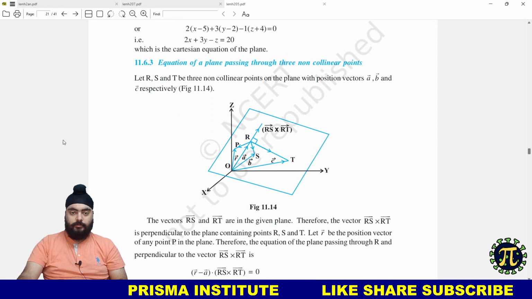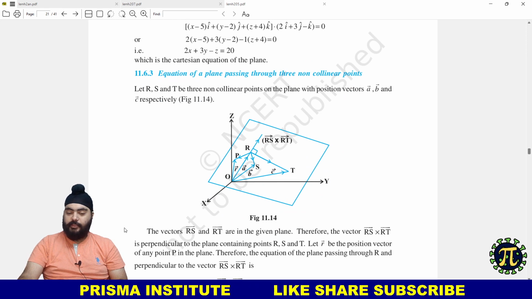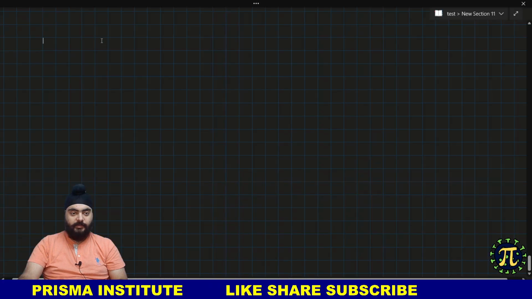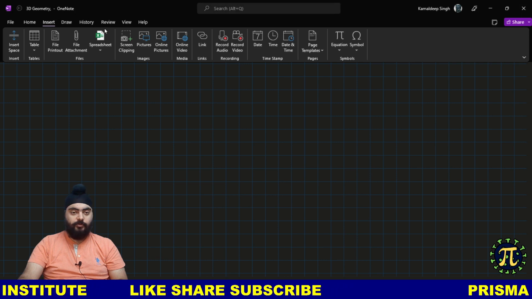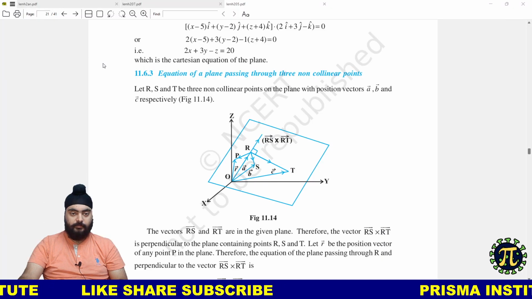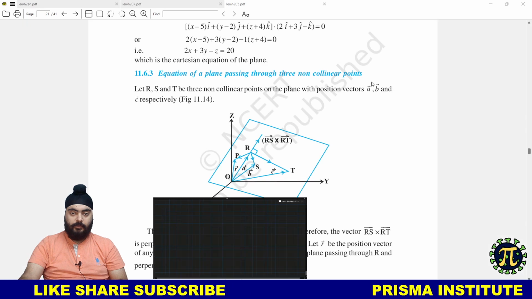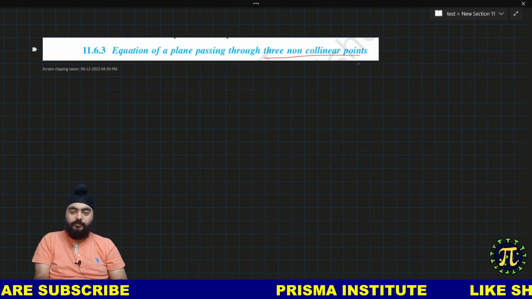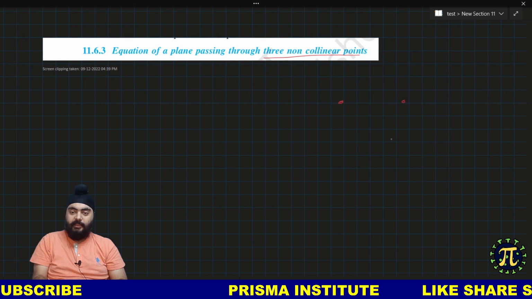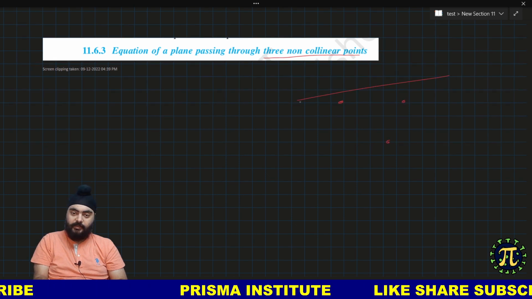So now we have the last case of the plane that we will cover in this lecture. Equation of the plane passing through 3 points. So if we have 3 non-collinear points, there will be a unique plane that passes through these, right? Okay.